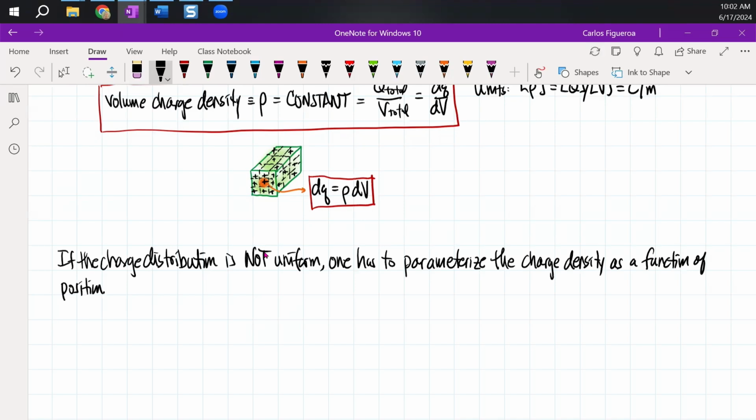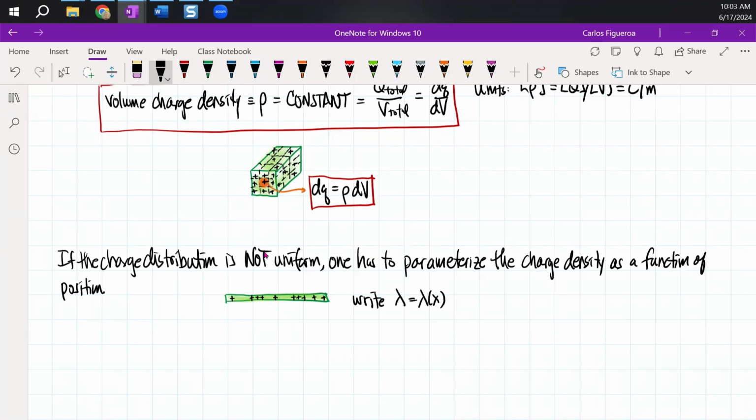One example is if I have a line charge like this, then I could have, I don't know, charges that do this. Then I have to write a function lambda, which is a function of position.